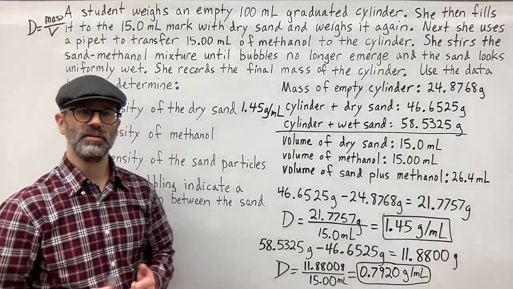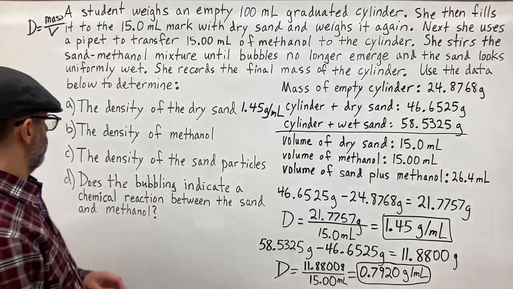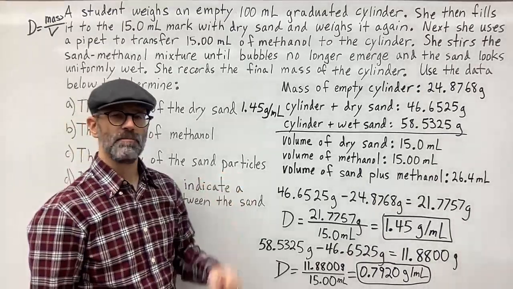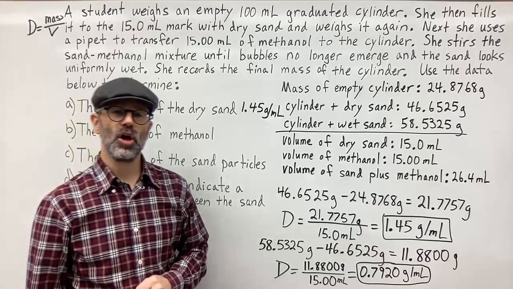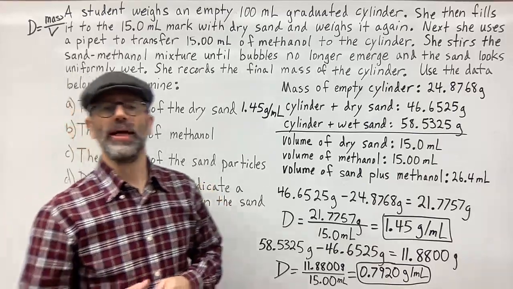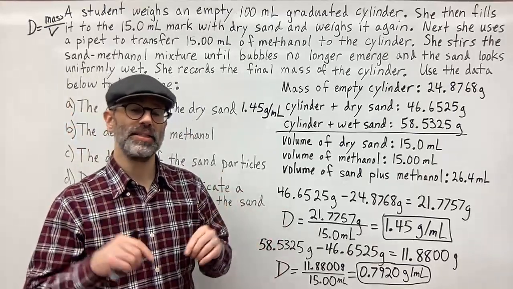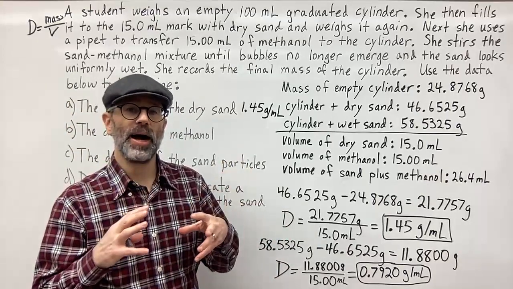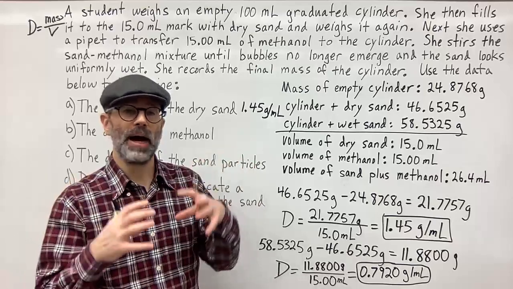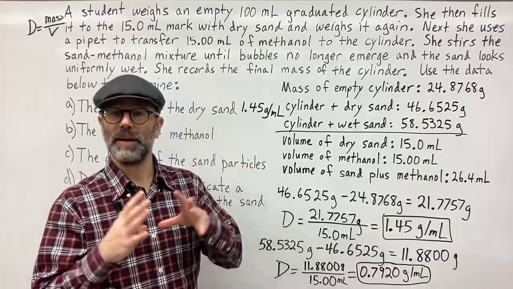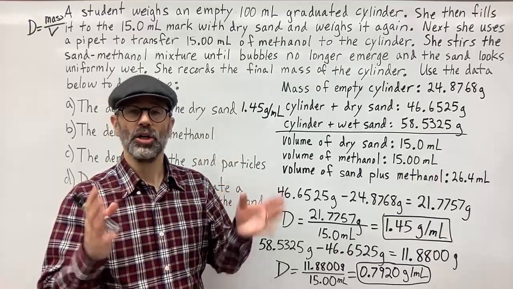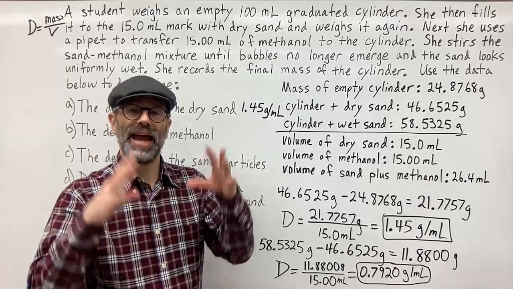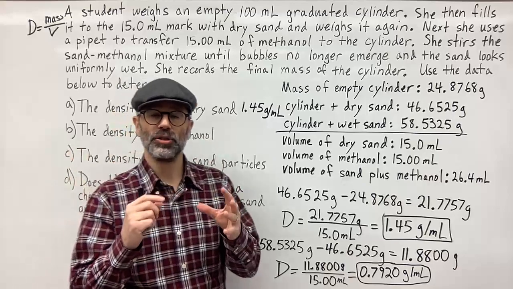So far, so good? Okay, so now we want to find the density of the sand particles. So remember, we added sand to the graduated cylinder first. Now, is the sand going to occupy every nook and cranny, every possible space, even the space between the sand particles? No, there's going to be space that's filled with air in between the particles.